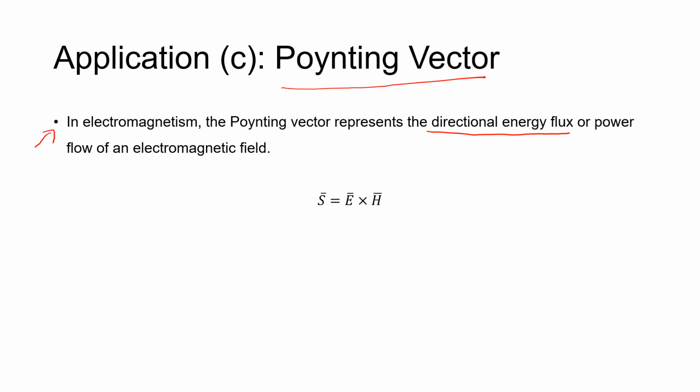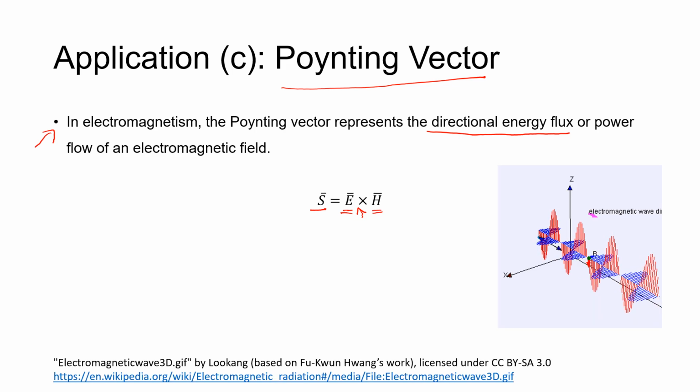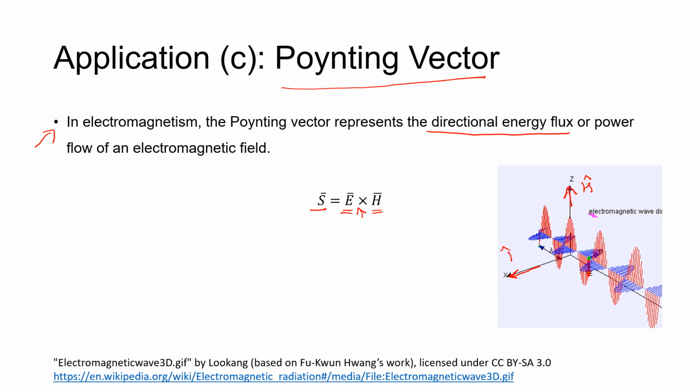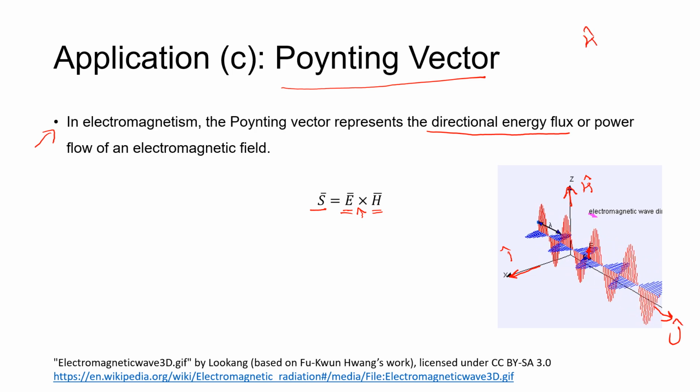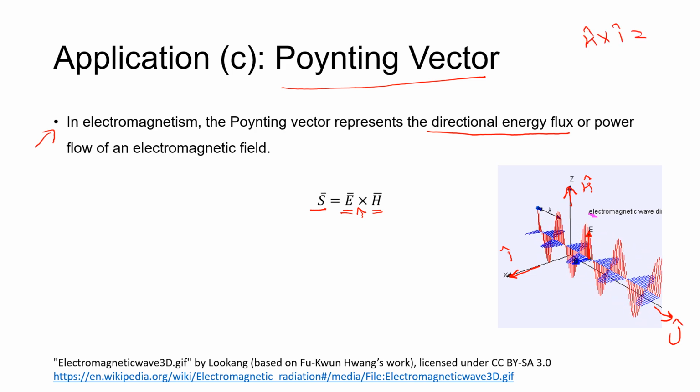It can be calculated as S, the power, equal to E, the electric field, cross product with the magnetic field H. As we can see in the figure, if we have E directed in the k direction and H directed in the i direction, then we will get the field propagating, or the Poynting vector, in the j direction, because k cross i is equal to j.